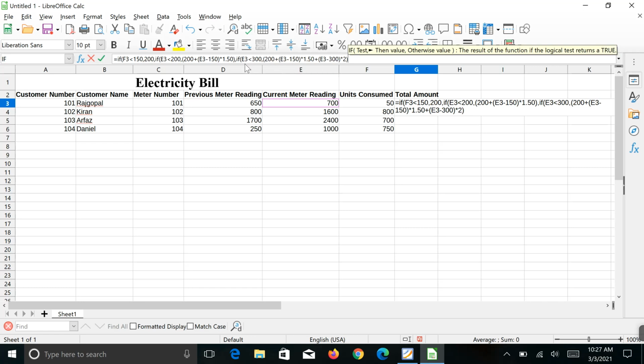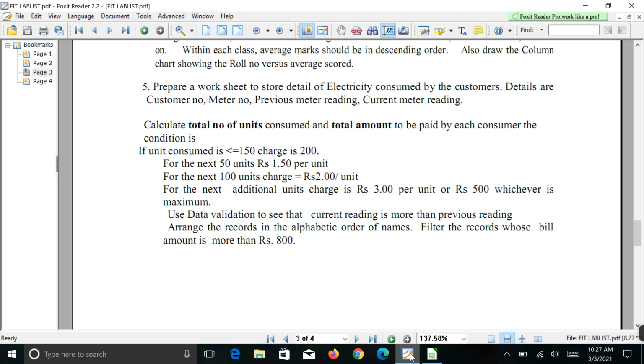If the units consumed is less than 300, the first 150 units are charged at the rate of 200, the next 50 units are charged at the rate of 1 rupee 50 paise, and the next 100 units are charged at the rate of 2 rupees. That's a condition. Now for the next additional units, charge 3 rupees per unit or 500 rupees, whichever is maximum.